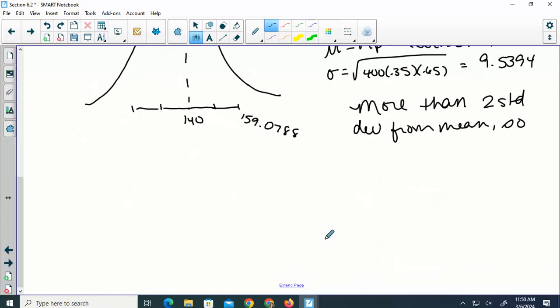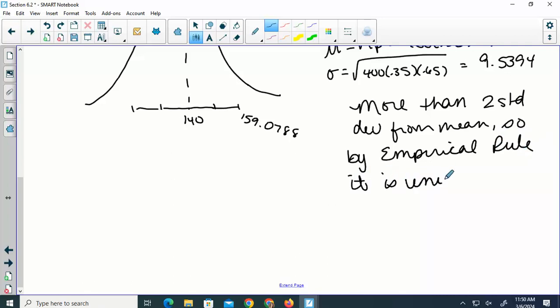So by the empirical rule, you have to be unusual. And again, the only reason we actually did the empirical rule instead of just finding the probability is because we couldn't. The numbers were just too big. Our calculator doesn't show us enough digits to show us that probability.